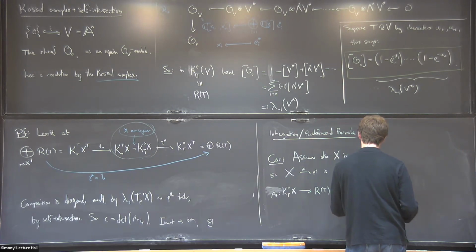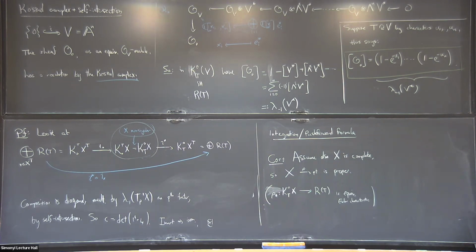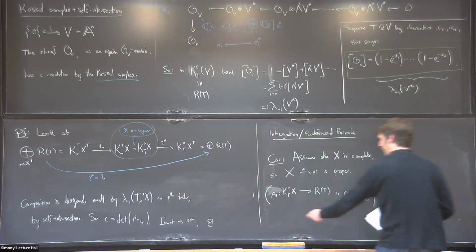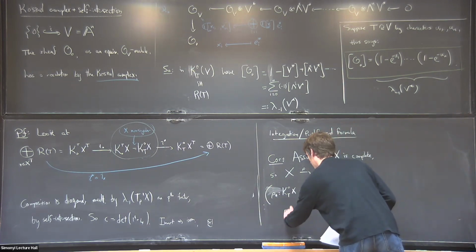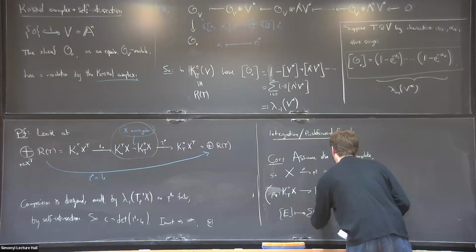I guess I shouldn't be putting this in the statement of the theorem, sorry. Parentheses. But I'll continue doing it. It's a class, and it sends it to the alternating sum of H^i.